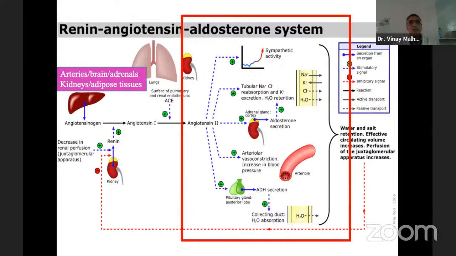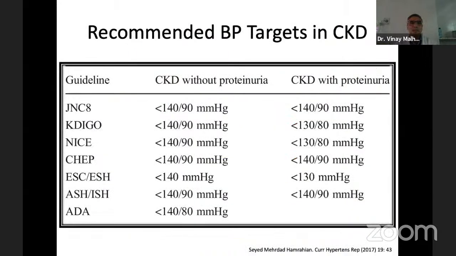So control of the RAS system is very important in checking the progression of disease. We have various RAS inhibitors, whether it is the ACE inhibitor, angiotensin receptor blocker, aldosterone antagonist, or direct renin inhibitors. All these drugs will act on the RAS system, will control blood pressure, and will check the progression of disease.